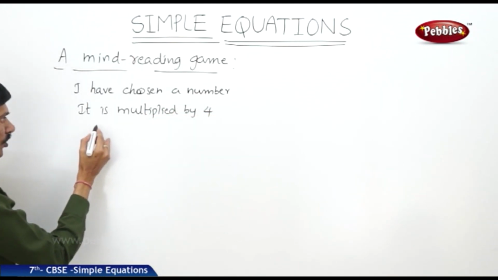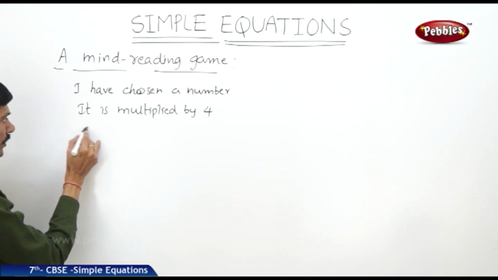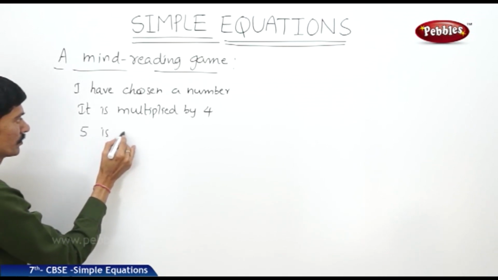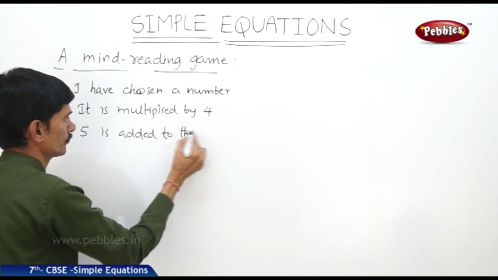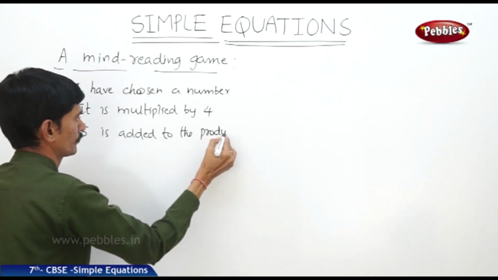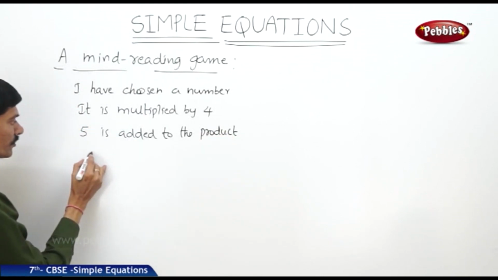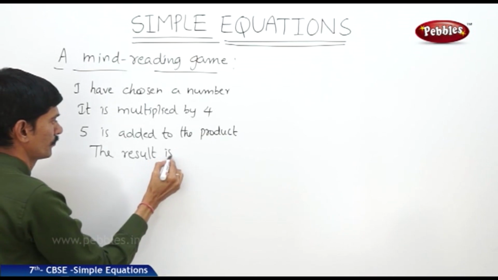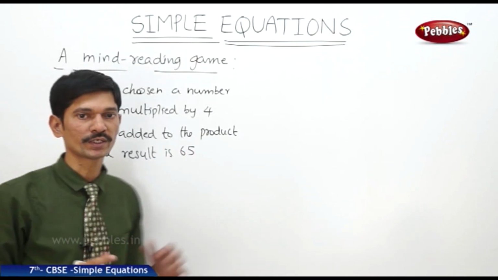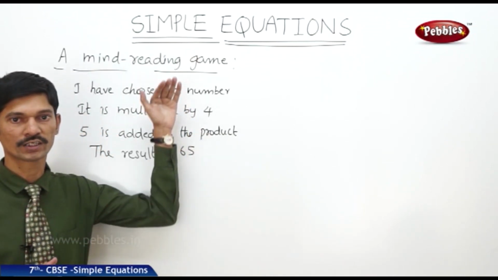And the product is added by 5. So 5 is added to the product. Then the result is 65. Now what is the number? Can anybody guess the number I have chosen in the beginning?